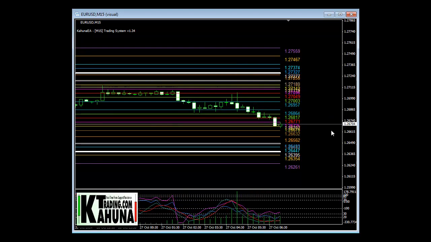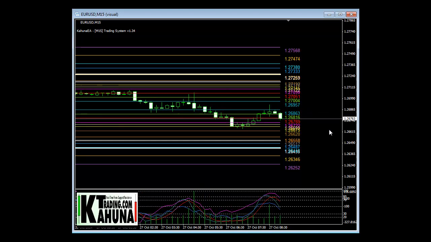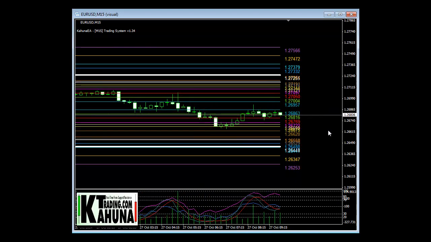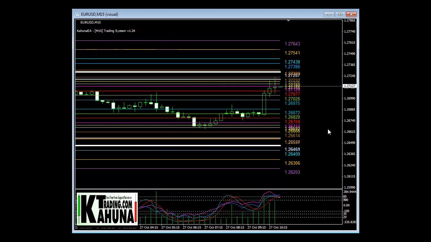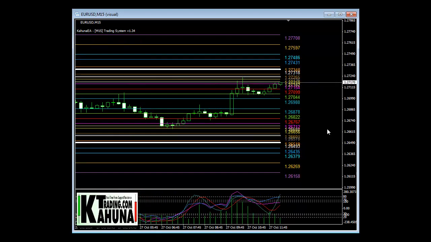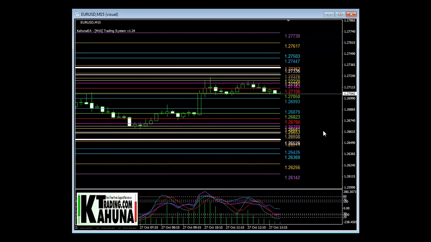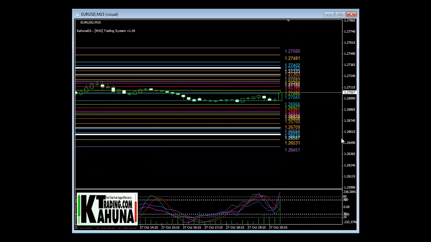That's always the problem with such systems, but this isn't really a system. It's really awareness about market activity, and it's not telling you exactly what to do, it's just showing you where the market currently resides.